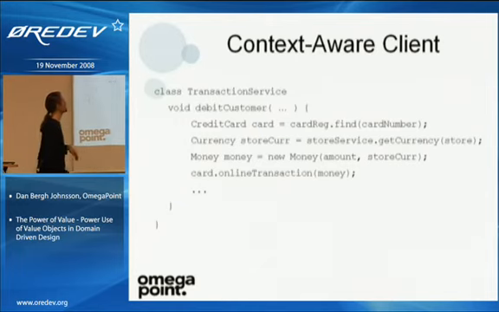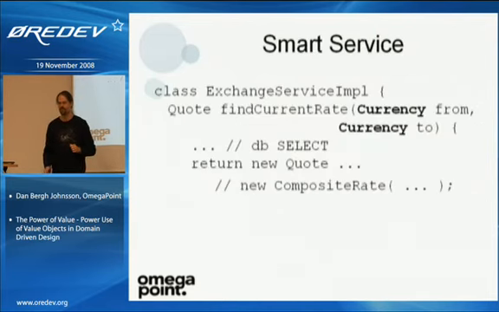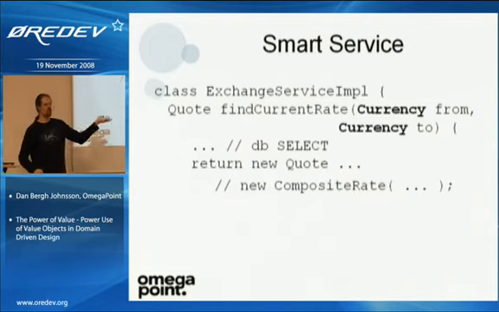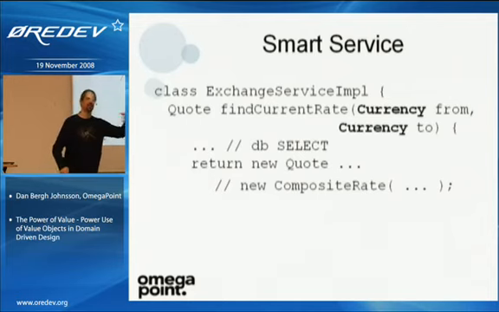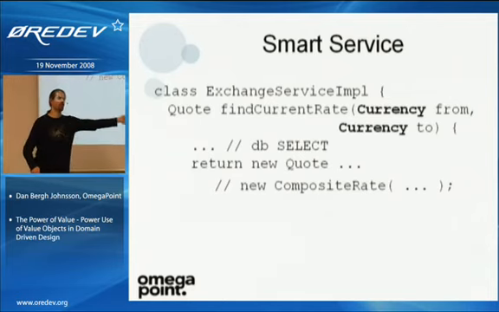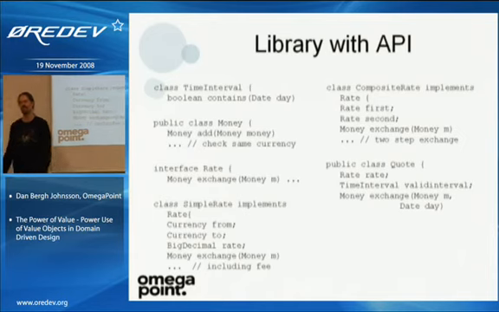So the context-aware client will construct the money object sending into online or offline transaction. The smart service will return a new quote that under the hood consists of composite rate that consists of two simple rates that will contain functionality for exchanging and deducting fees.